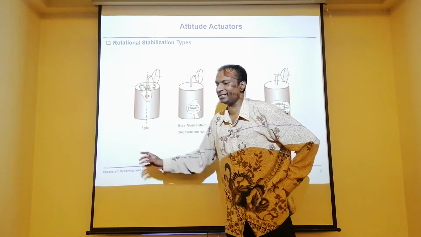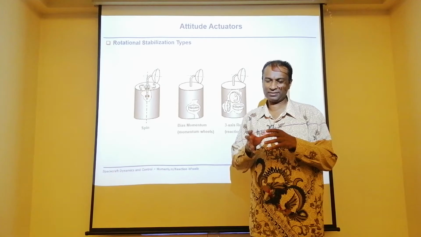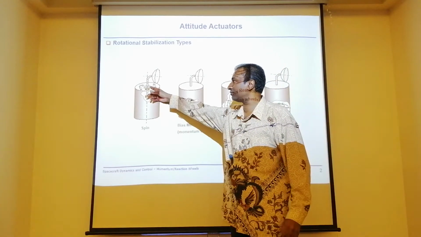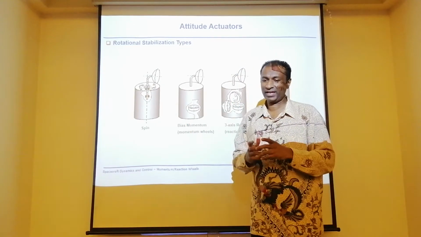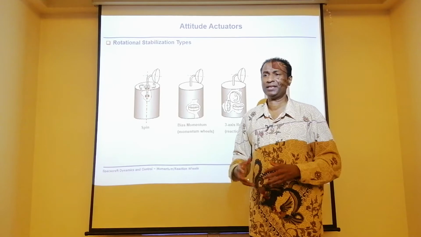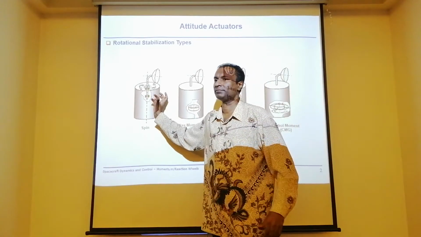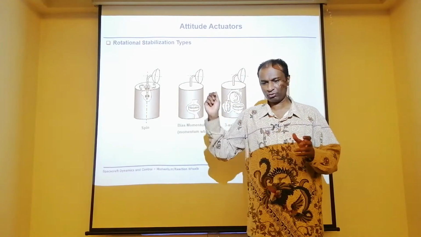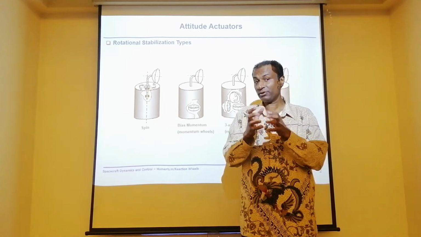So satellite designers found that it's so boring to only have spinning satellites, where the whole cylinder is spinning. By the end of the day, I still have to take care of the pointing. So why not make something spinning inside and produce the angular momentum? When we throw a spinning top and it spins very fast, it has angular momentum.